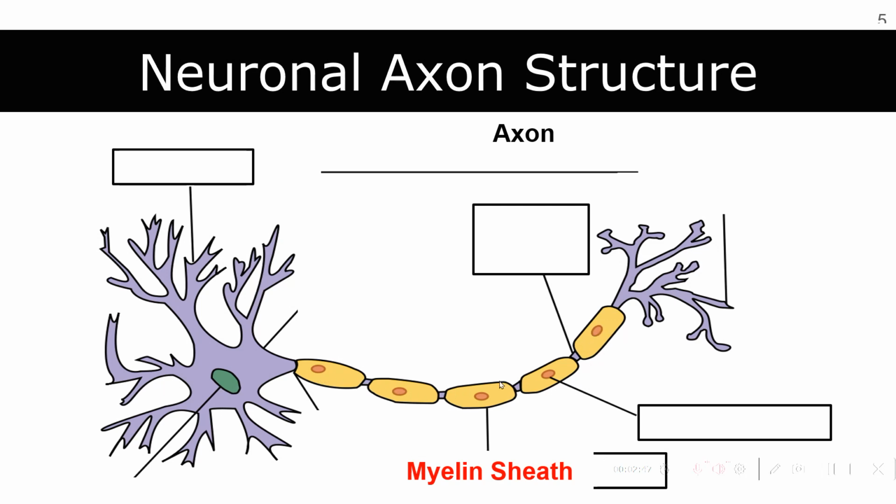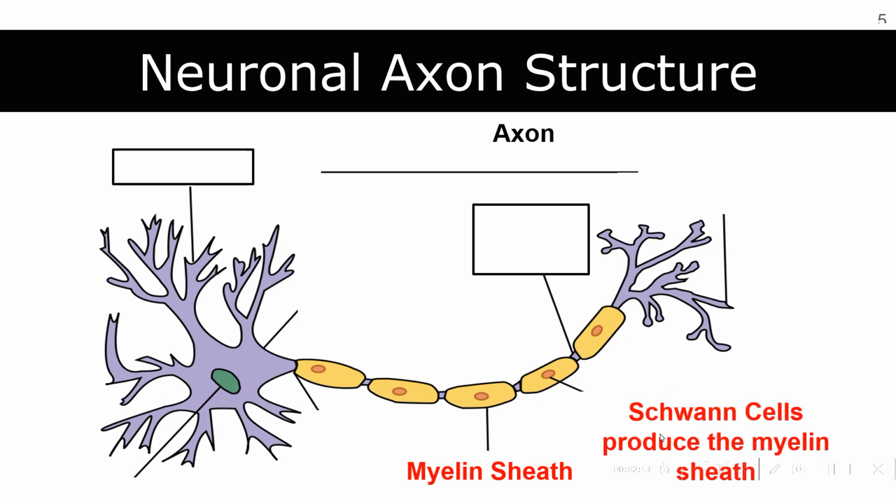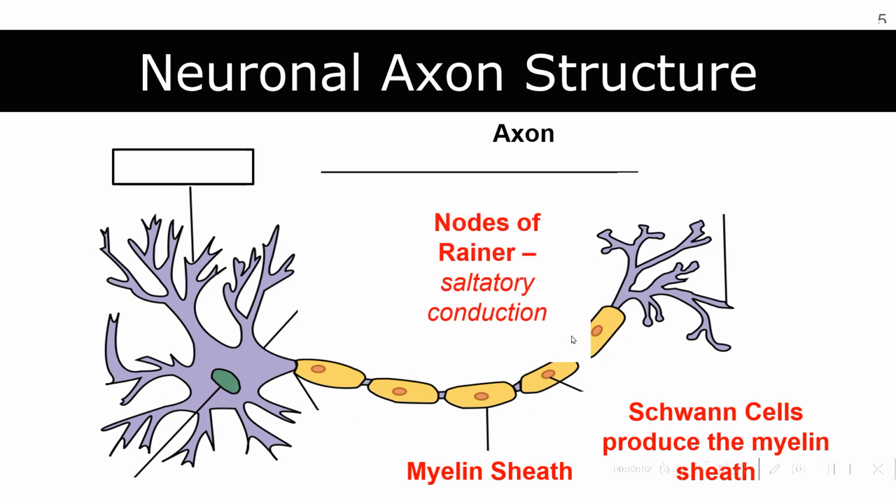This coverage is called a myelin sheath, which is produced by a different cell type called Schwann cells. They're secreting this really lipid-heavy sheath, which is going to help facilitate the transmission of signals. And you'll notice that there are these gaps in the myelin sheath. These are called nodes of Ranvier, which are going to be important in something called saltatory conduction.